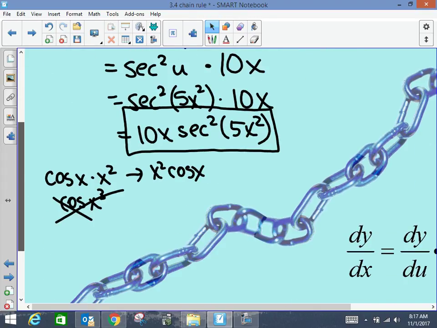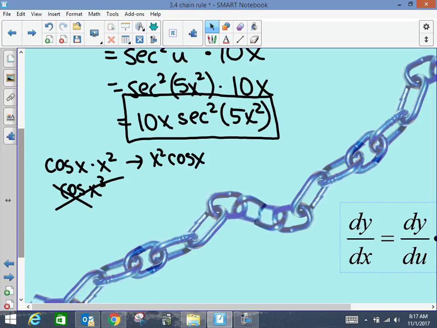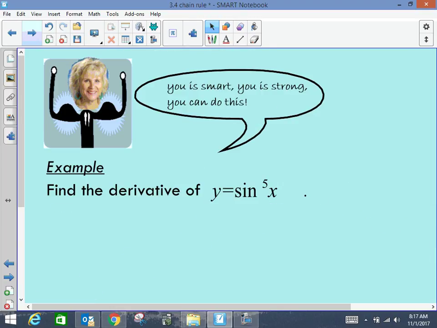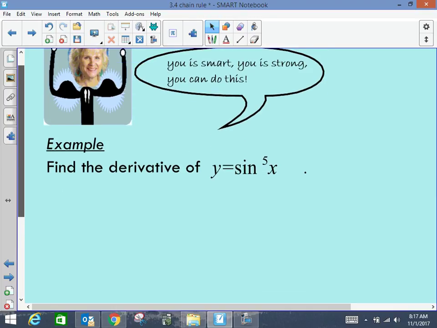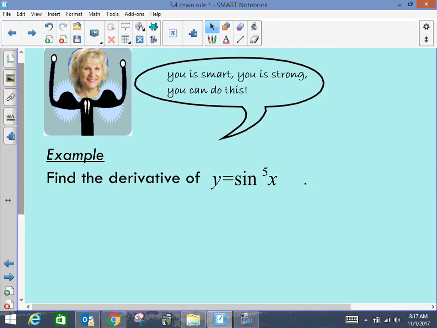All right, there's possibly a 3 chain. I don't know that we're going to get into it, but we'll grab that when we need it. Okay, here we go. Now the derivative of y equals sine to the 5th of x.